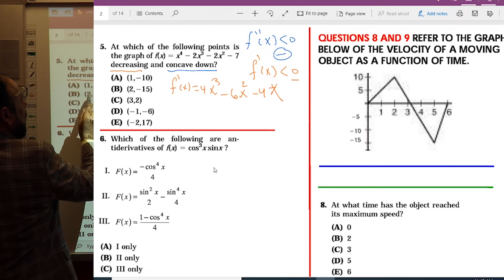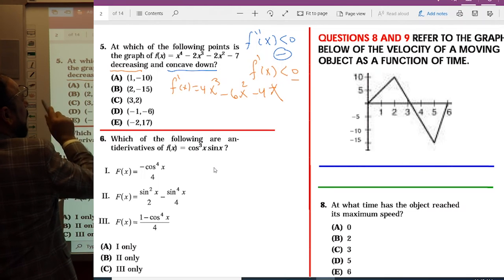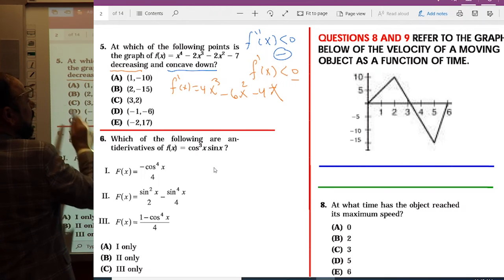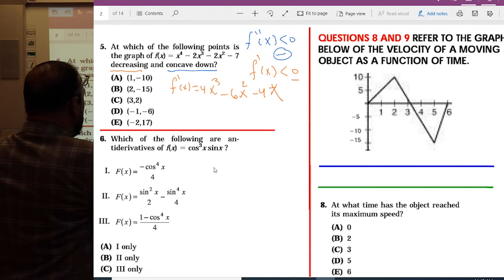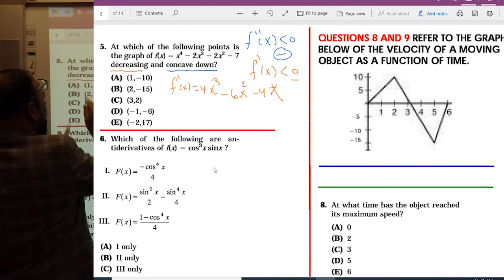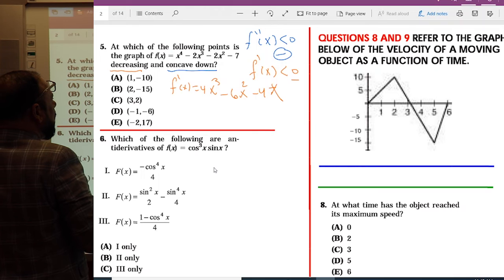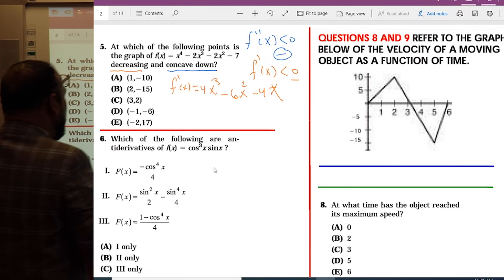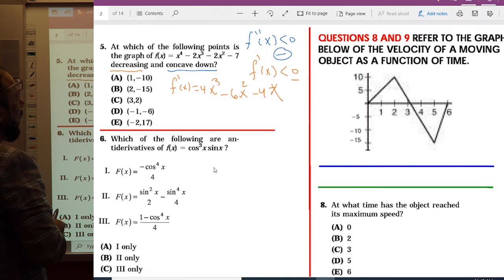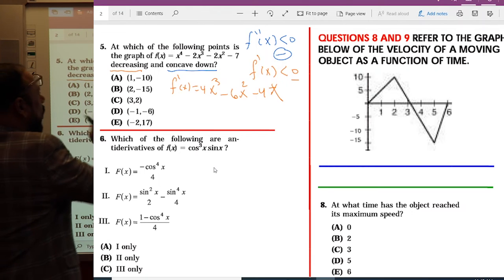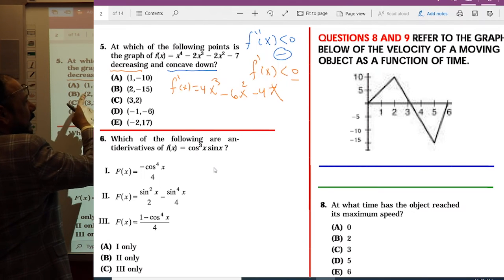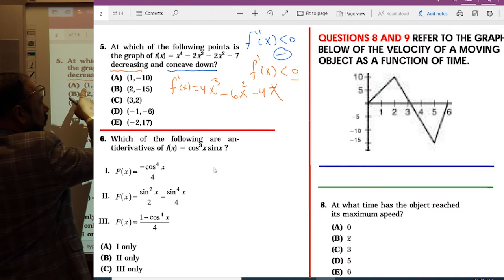Is there an interval or no? No. Which of the following points? It's a point, right? We're going to choose only the one. Not negative 10, 4. We're going to choose the first point.